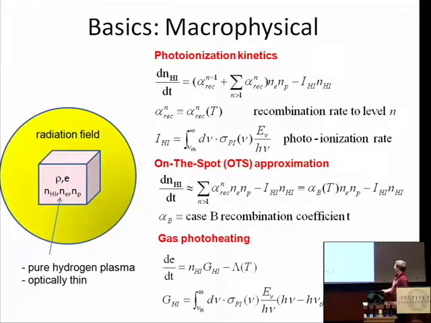And then finally, that process photoheats the gas. Here we have the gas energy equation: the time rate of change of the specific energy is proportional to the density times this per particle heating rate, G sub H1, minus the radiative cooling rate, lambda of T, which you can think of as just some cooling function that has been tabulated for you.